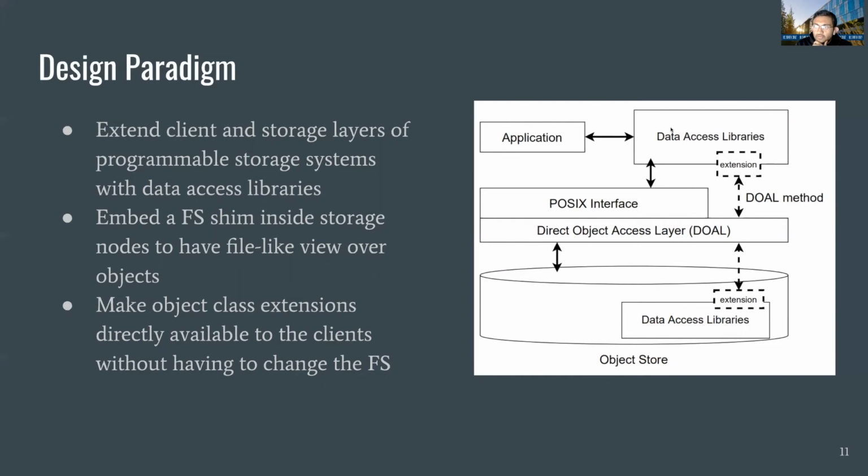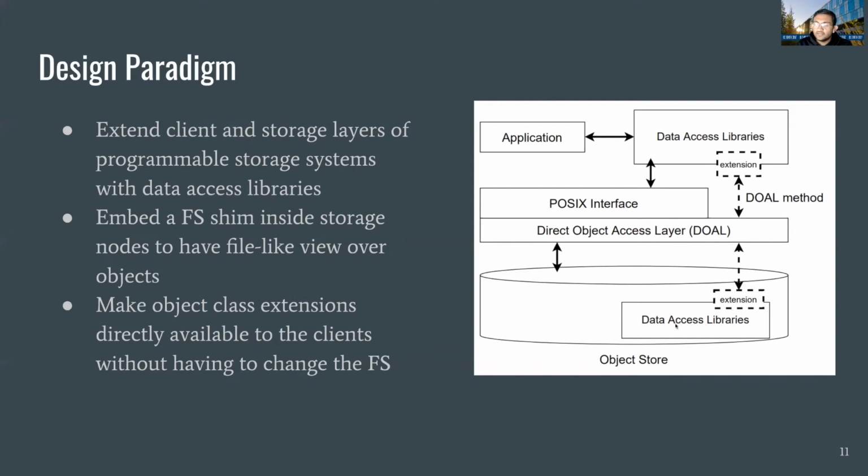Also, we use data access libraries on the client side to interact with these libraries embedded inside the storage layer. We use plugin-based mechanisms similar to the object classes SDK in this design to embed the data access libraries and to invoke them from the client layer.